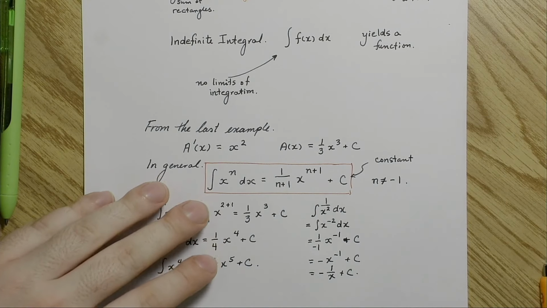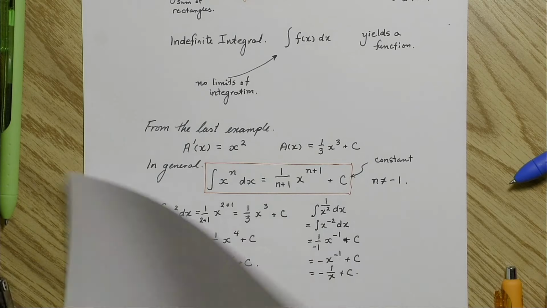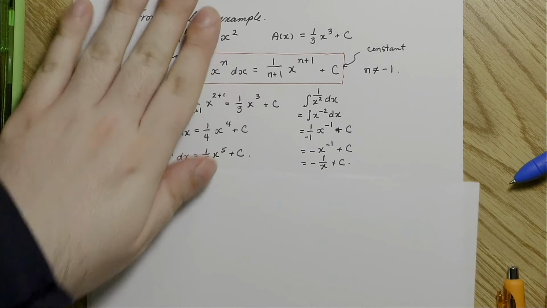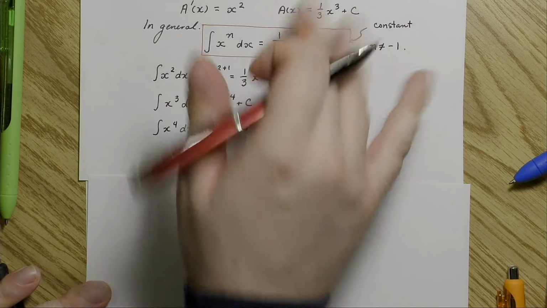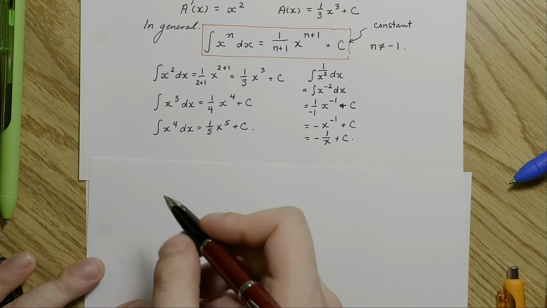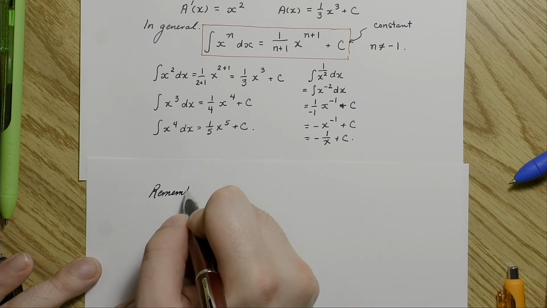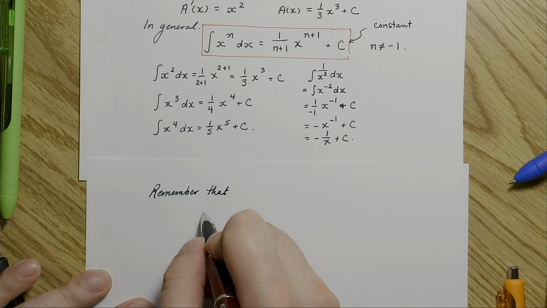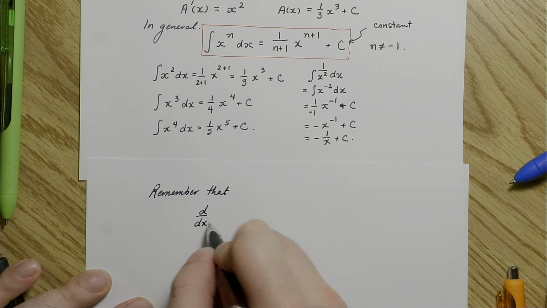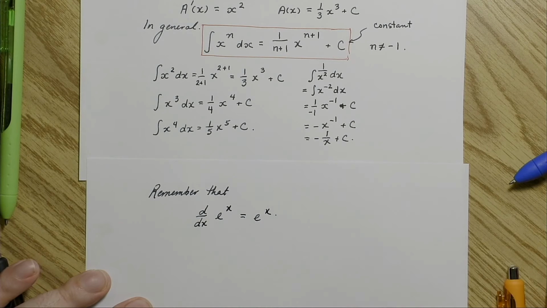What other things could we do for integration that we don't have to think too hard about? Well, do you remember the exponential function? Remember that if we took the derivative of e to the x, that's equal to e to the x.